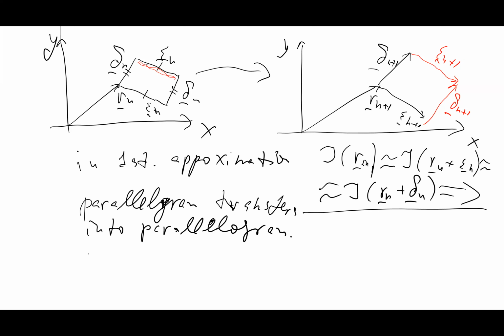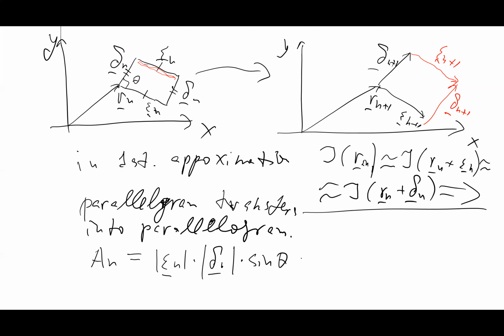So now let's find the area of the first parallelogram, A_n. What do we know? If this is some angle theta, this area will be equal to the length of vector epsilon_n times the length of vector delta_n times the sine of the angle between them.